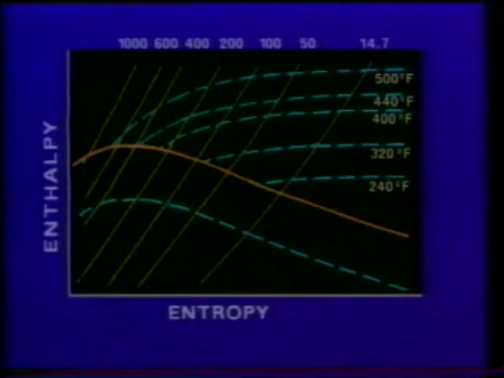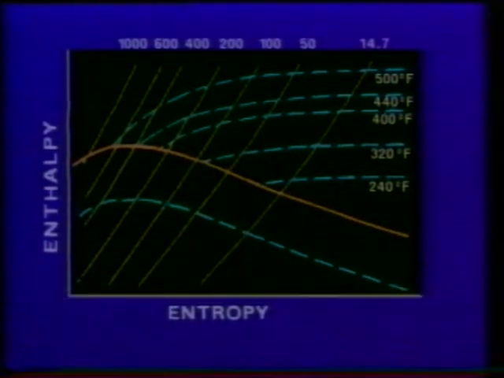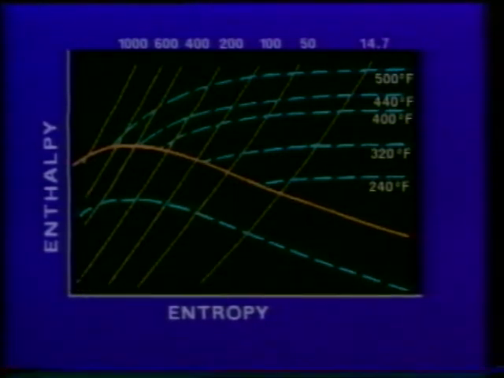As you can see, it plots fluid enthalpy against entropy. It's necessary to understand that throttling is an isenthalpic, or constant enthalpy, process. This means the enthalpy, or heat content, of the fluid is not changed by throttling. However, it does not mean that fluid temperature remains constant.